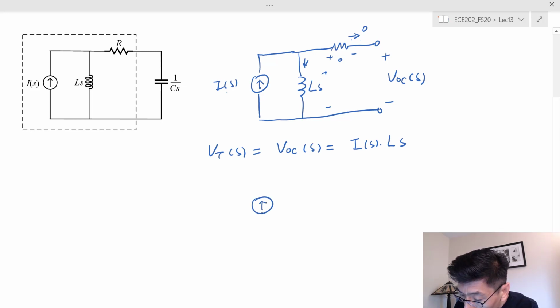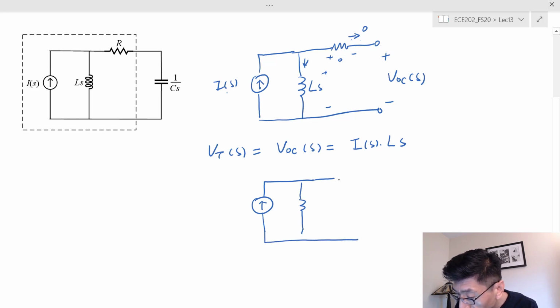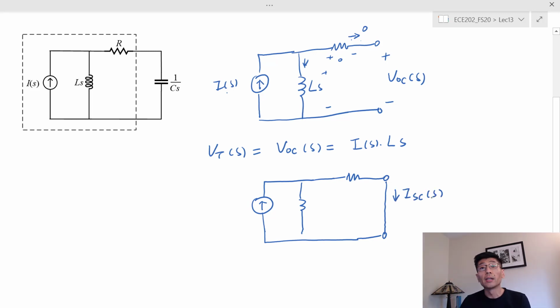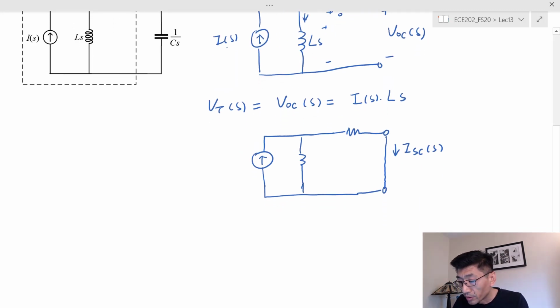short circuit current. So we still isolate the circuit in the dotted box here. And now in this case, we draw the circuit and we short the terminals here. And we're trying to find I_SC(s), where the subscript SC stands for short circuit, as the subscript OC stands for open circuit.